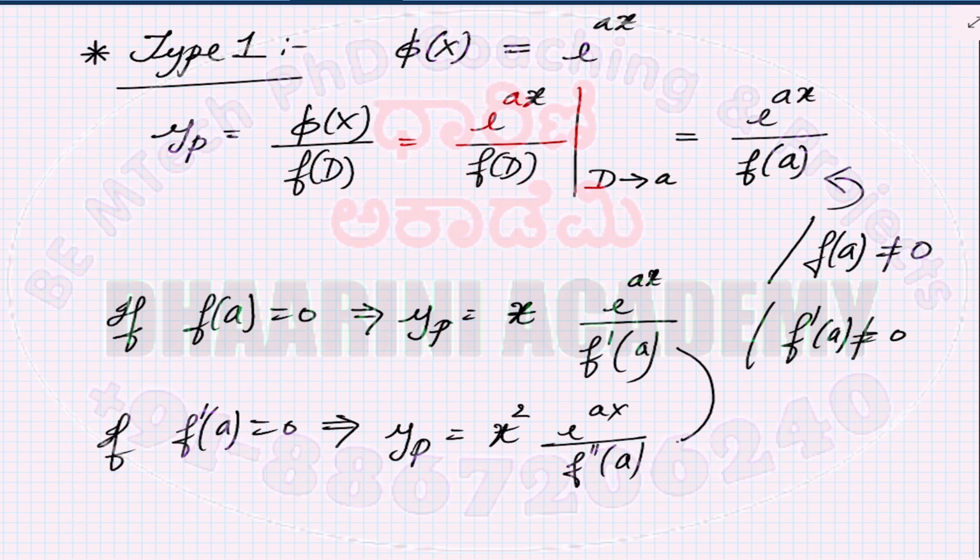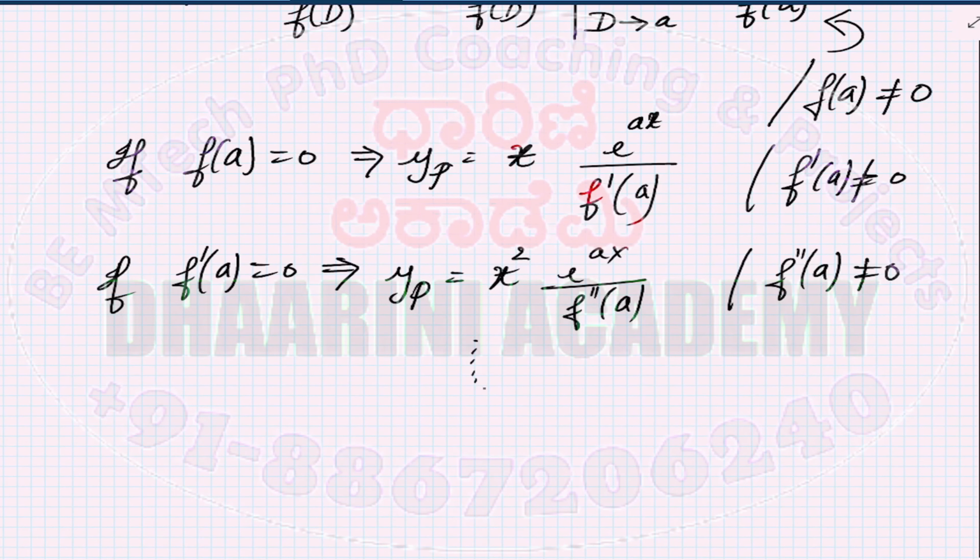Differentiate this once again to get f double dash. This will repeat. So if I find f double dash of a equal to 0, the next term will be x cubed into e to the ax by f triple dash of a, and so on. This will continue until you get a finite answer in the denominator.